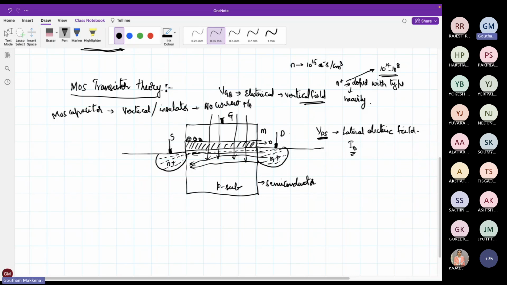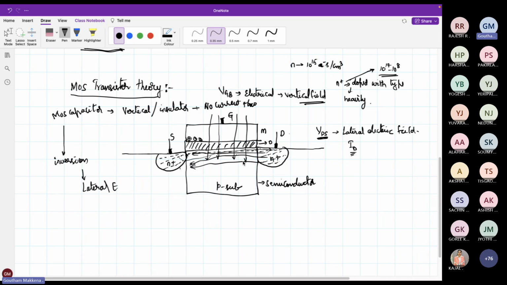Now what am I leveraging? This MOS capacitor, I am putting it in inversion. And I apply what kind of electric field? A lateral electric field in this direction. Because of this inversion layer, which already has electrons, and the electrons are in majority in both source and drain, this acts as a channel for these electrons to cross over from source to drain.